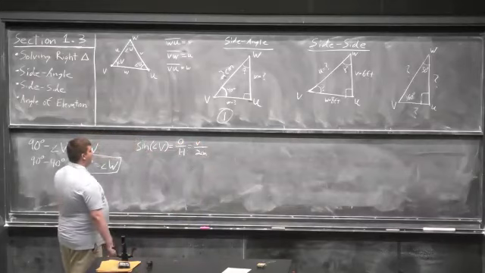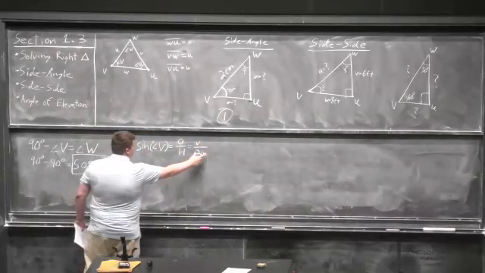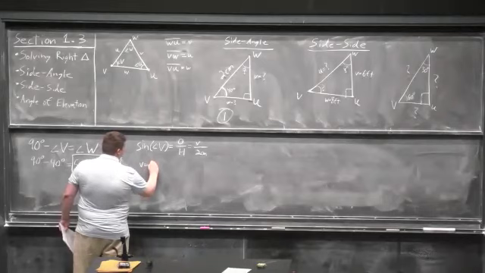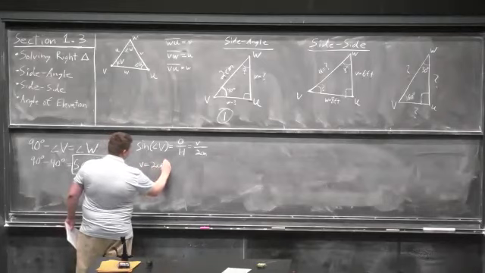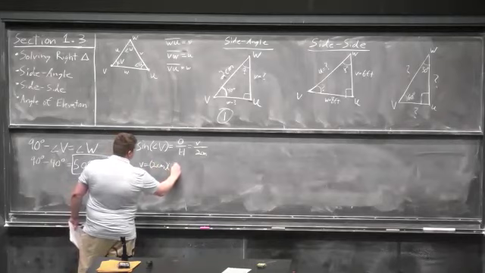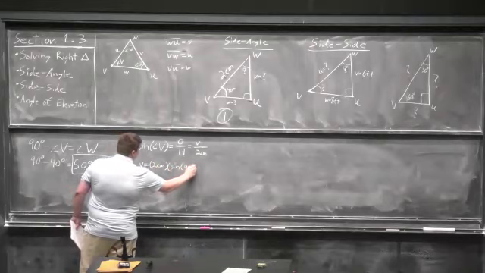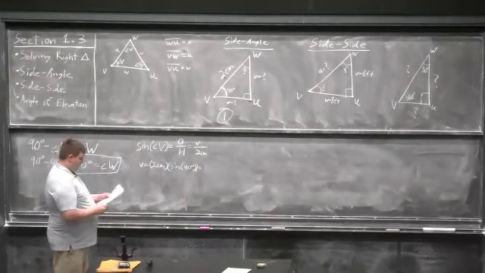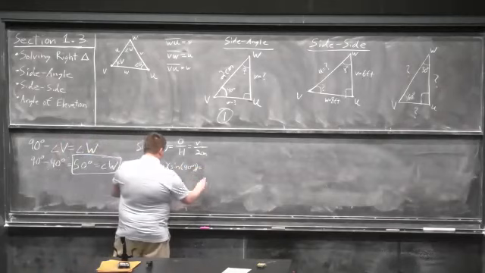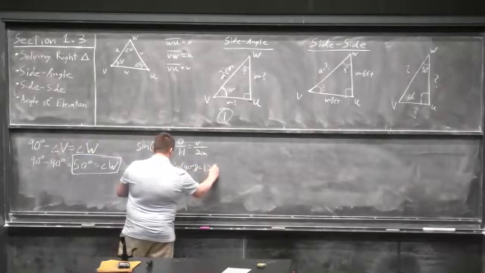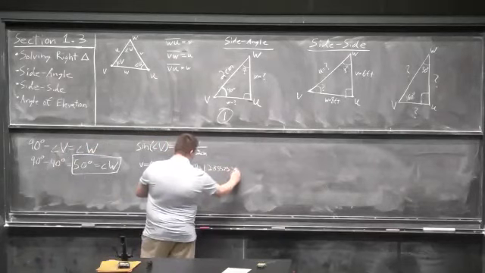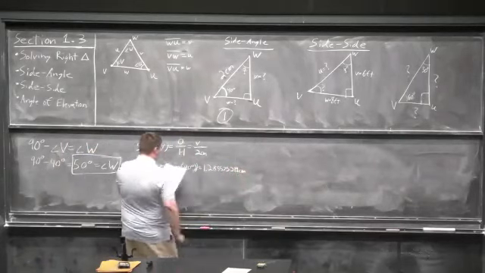Okay, plug in 40, and we want to multiply by 2 on the other side, and we have little v is equal to 2 centimeters times sine of 40 degrees. And this will equal 1.285575219 centimeters.